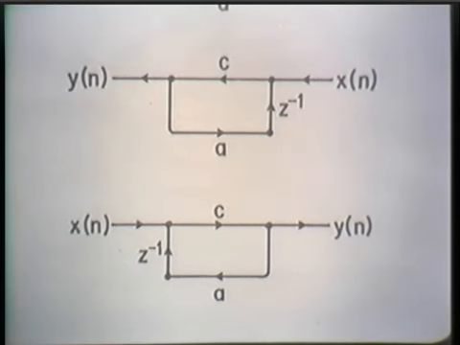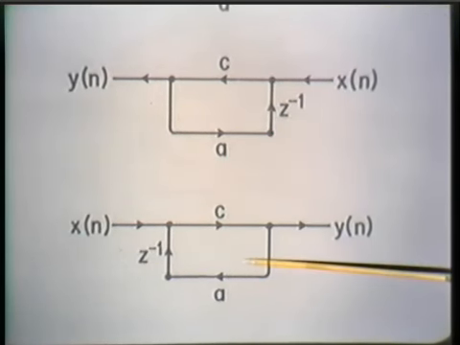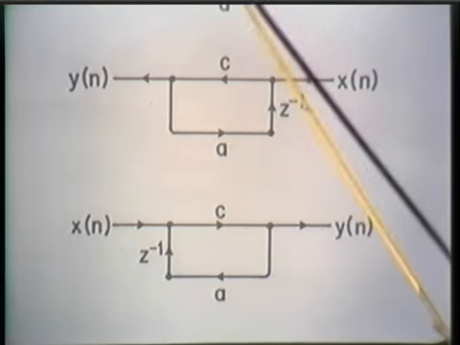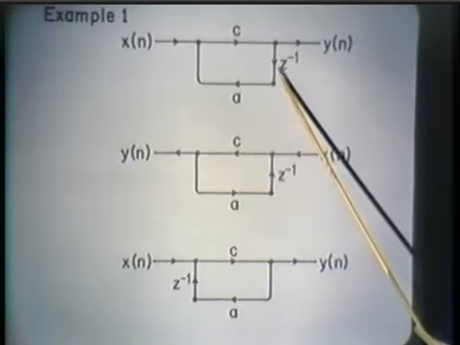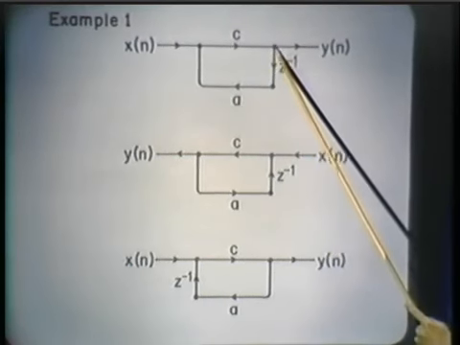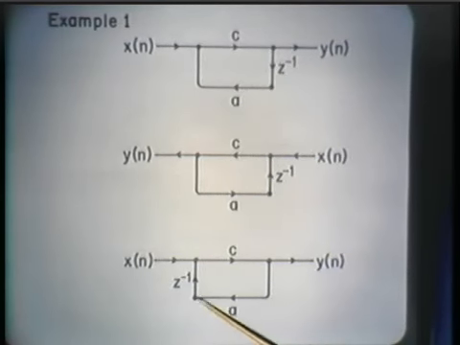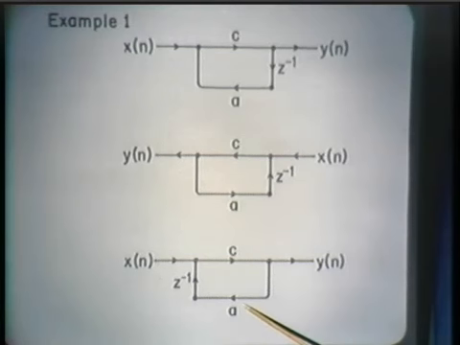And is it true that the transfer function of this network is identical to the transfer function of this network? Well, you should be able to see by inspection that in fact it is true. In fact, if you compare this network to this one, what's the only difference? The only difference is that this delay, instead of being here, ended up on the other side of the coefficient multiplier.